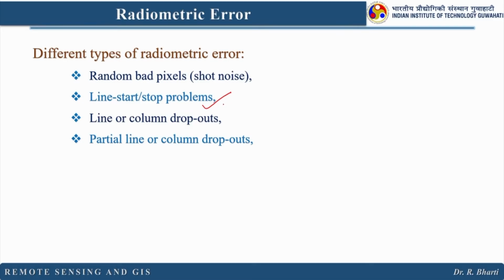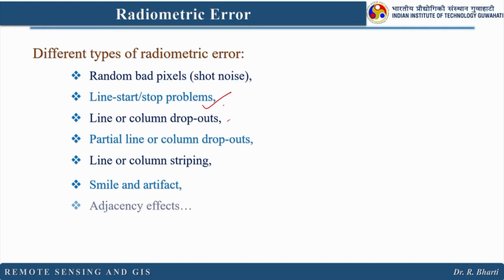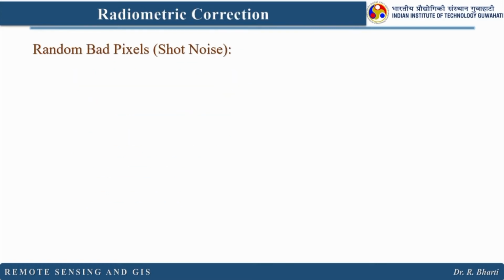So from these two, if there is a slight, partial problem, then in the beginning we had line start and stop problem, then line or column dropouts, and now here we have partial line or column dropouts. Then next is line or column striping, then smile and artifacts, and the last one is adjacency effect. So there are different types of errors we consider in this category, right. These are a few very popular and commonly occurring errors in your image, so you have to understand this very carefully.